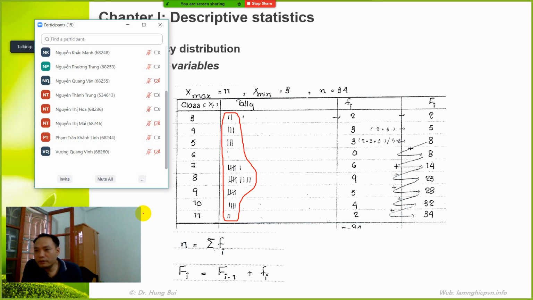Hoa, do you finish? Very good. So the results are same or different? Same. Very good. Mai, Nguyễn Thị Mai, do you finish? How about the results? Same or different?